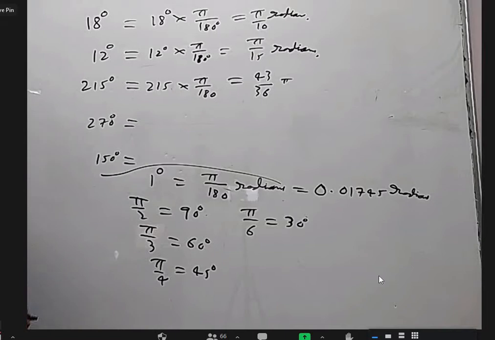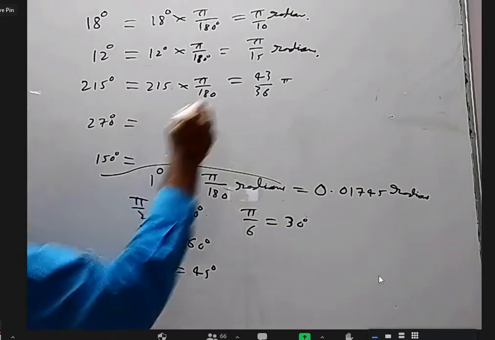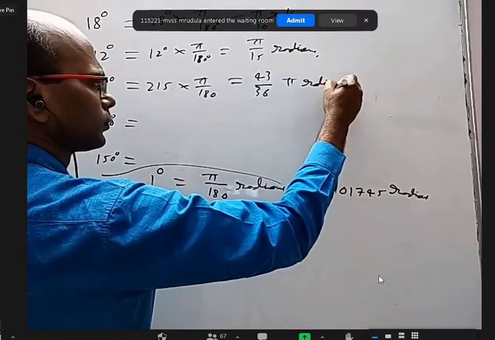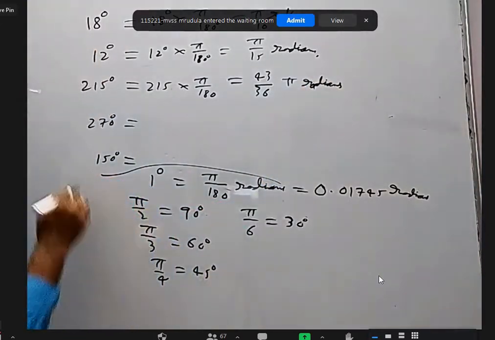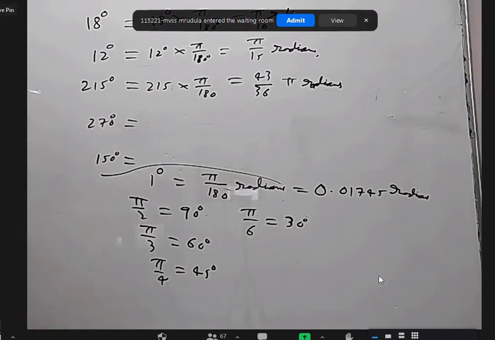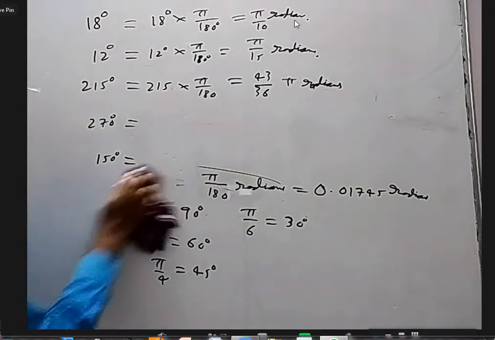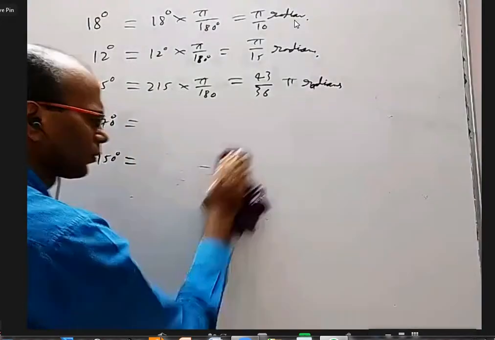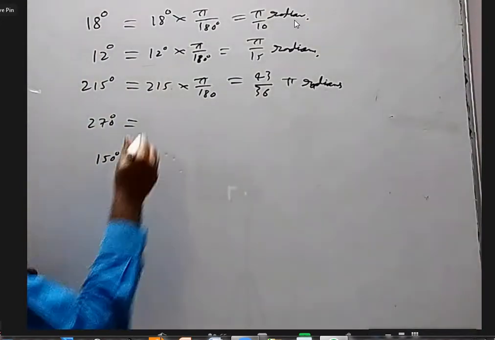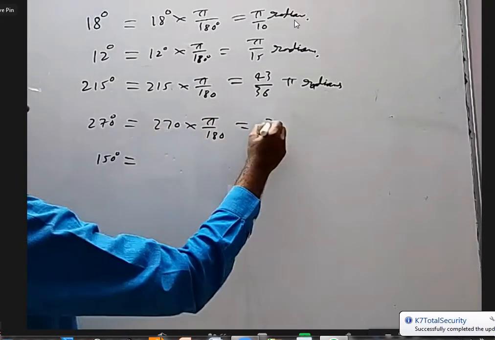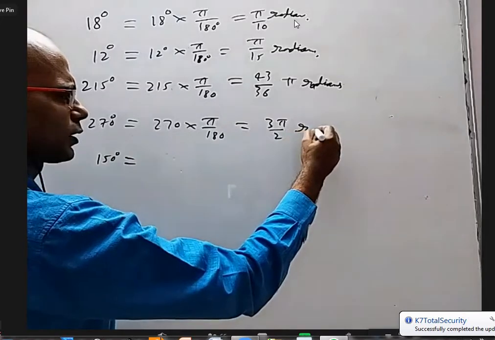That's all, no? 43 by 36 pi, right? Okay, 270 degrees. 270 into pi by 180. You can cancel with 90. You'll get 3 pi by 2 radians.